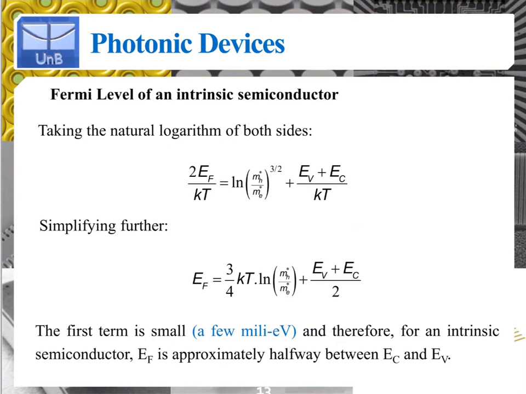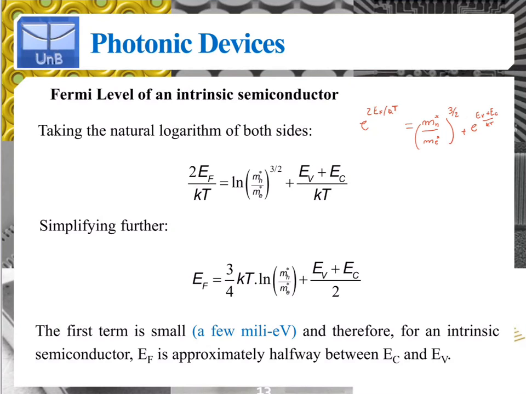Now the expression we just found was e to the power 2Ef over kT is equal to mh star divided by me star to the power 3/2, times e to the power of Ev plus Ec divided by kT.